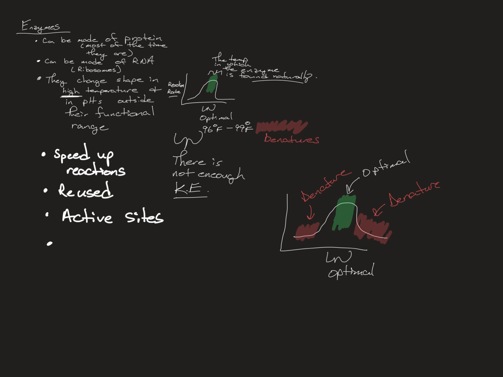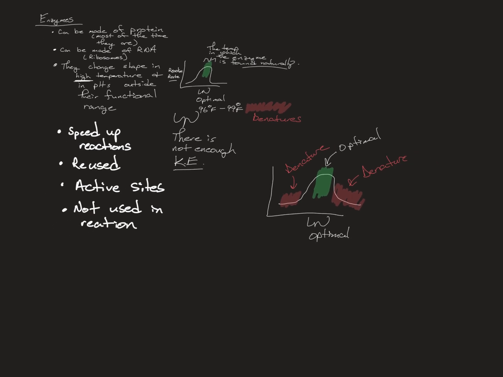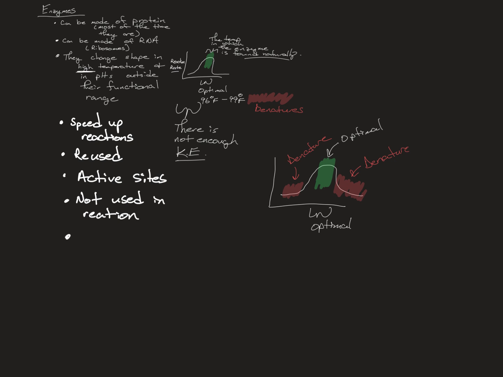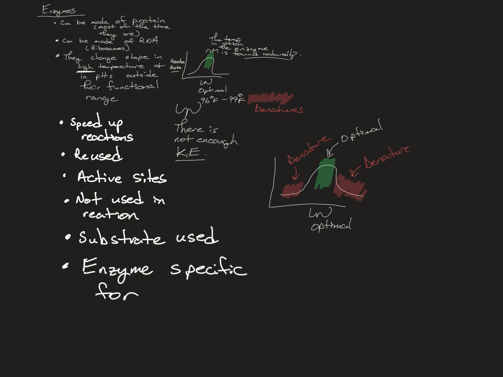They speed up reactions. They're not used in the reaction. What is used in a reaction? The substrate. That's right. Substrate's used. And we know one more thing. Enzyme is relatively specific for the substrate.